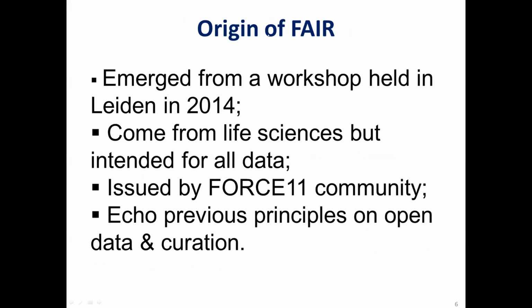The original FAIR principles emerged from a workshop held in Leiden in 2014. They came from the life sciences, but now they are used in every field. They were issued by the Force 11 Community, and they echo previous principles on open data and curation.